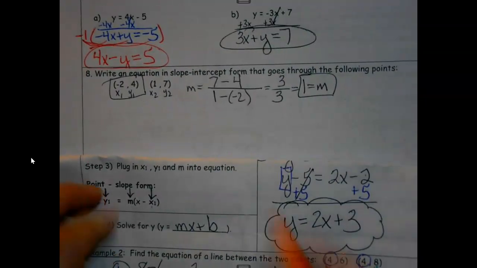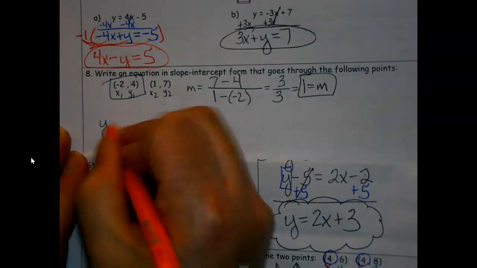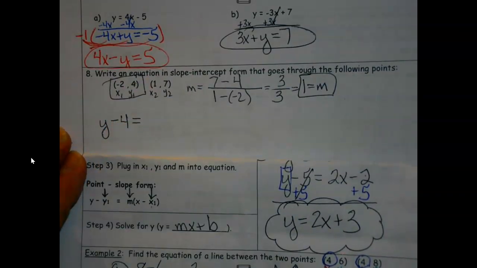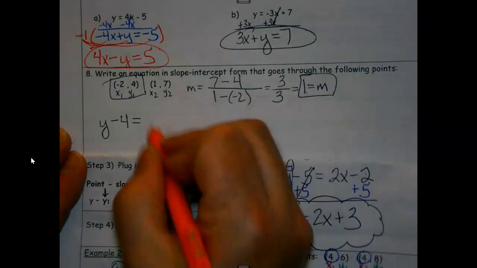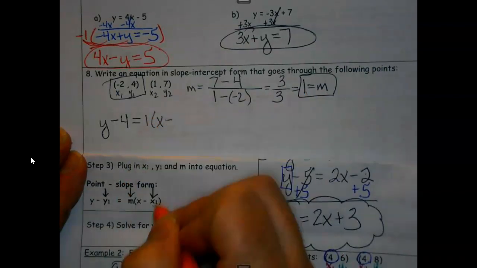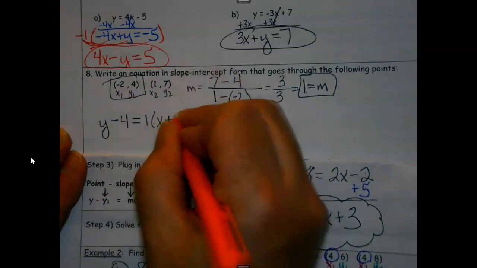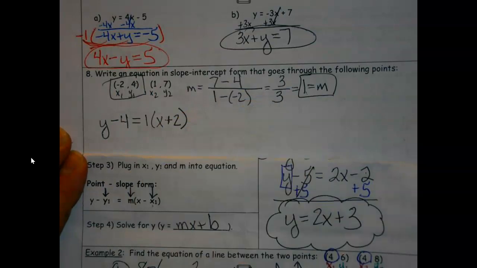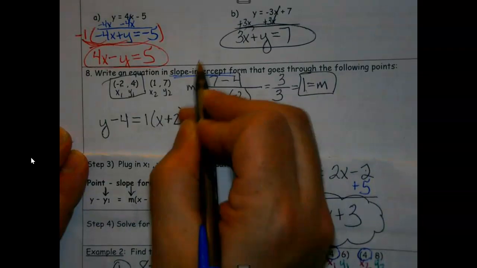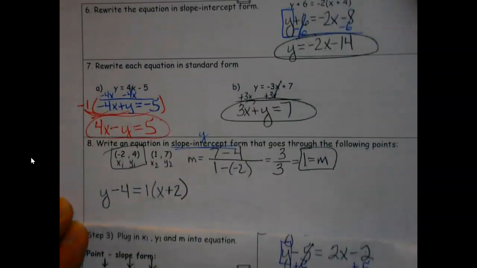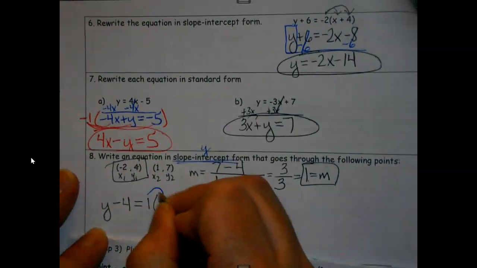This one. So y minus y1, straight just doing substitution, equals m times x minus x1. And again, if you minus a negative, that becomes plus. We need to get to y equals, though. So we're going to do what we did up in number 6. We're going to distribute.